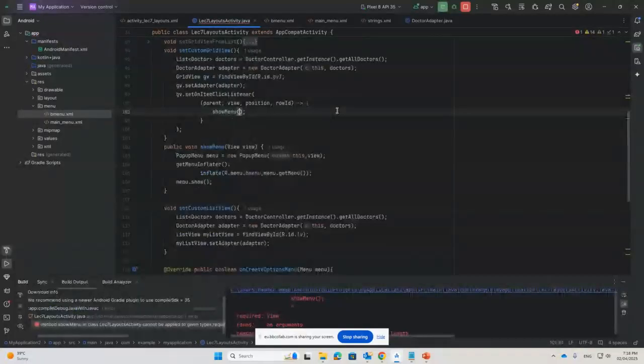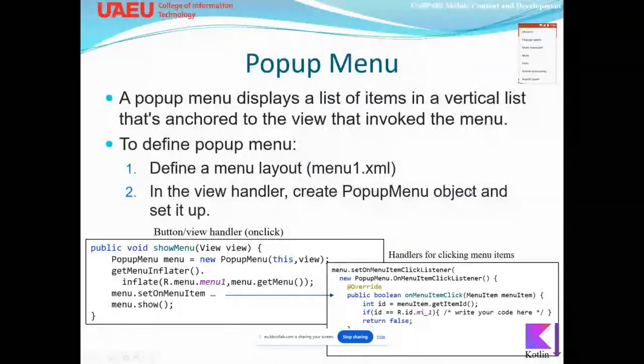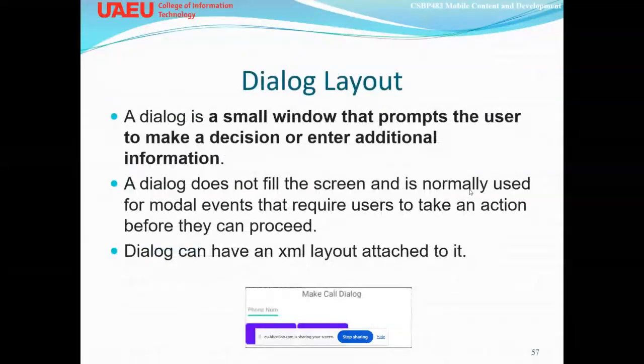Now I will show how. Okay, show menu. So let me get back to make sure how it looks like. So here's show menu, menu view, and here's the listener, menu item.